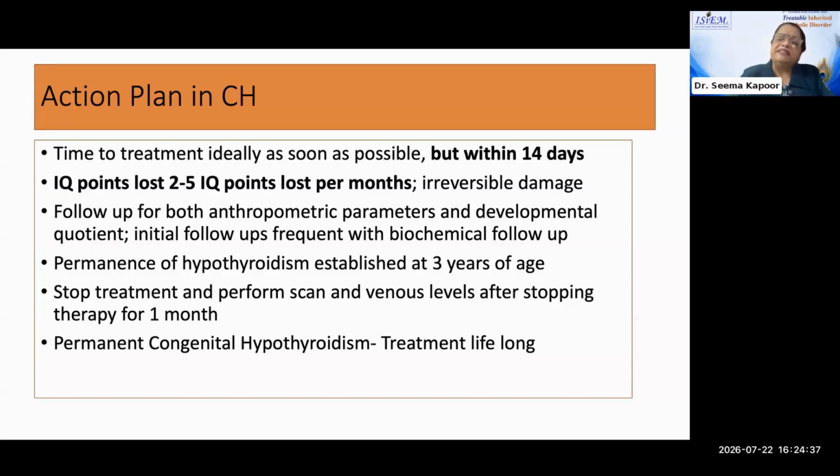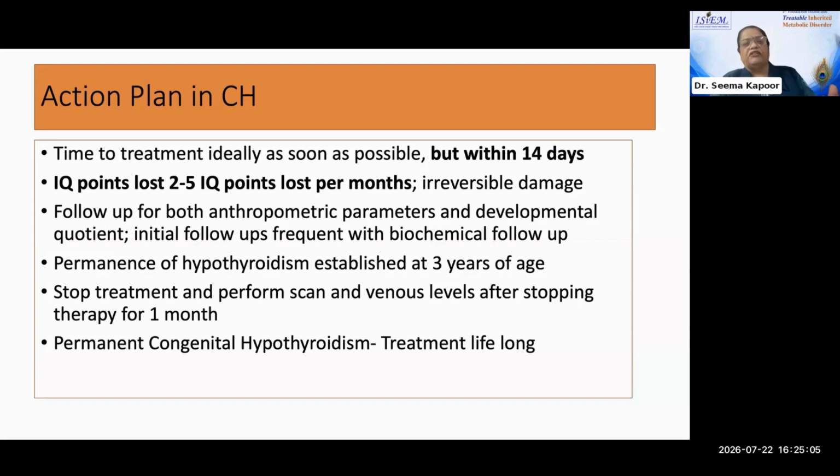It has been seen in twins, one with hypothyroidism and one without. If they were treated within 14 days of birth, such twins had almost equivalent intelligence quotients at 5 years of age and developmental quotients also at 5 years of age. So the time to treatment is good.